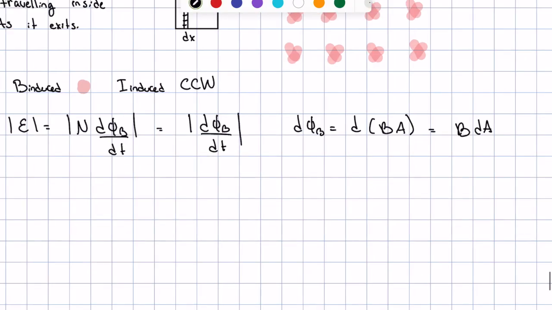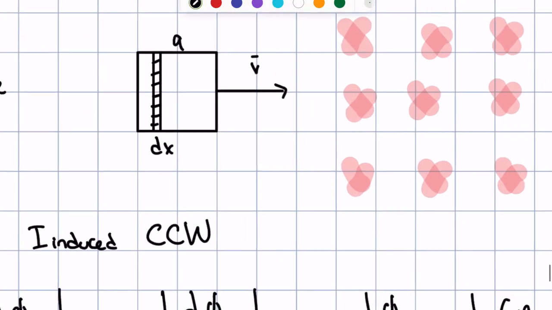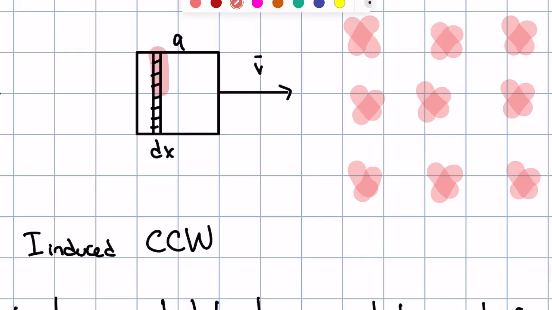So then when we go back here, the induced EMF is going to be equal to B times dA over dt. Now what is dA? dA here is this little strip of area right there, which we're going to define as having length A, times dx, a little strip of width dx, and that is moving in time, right?